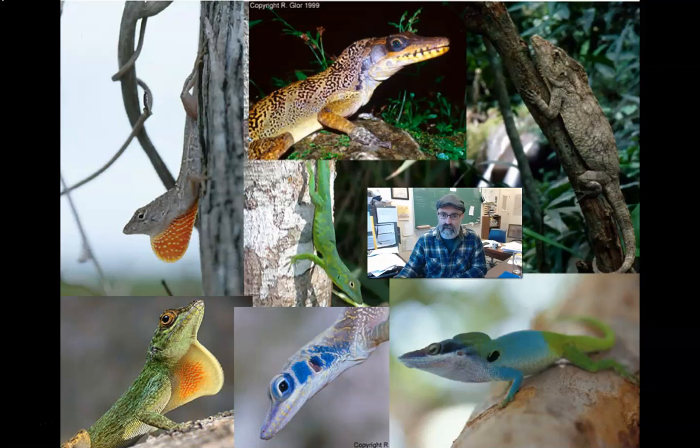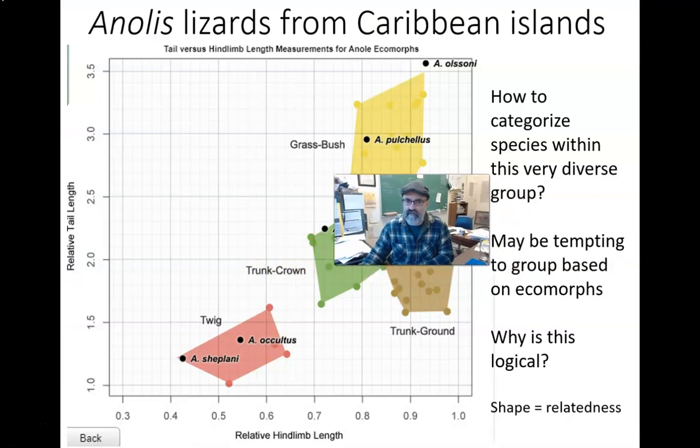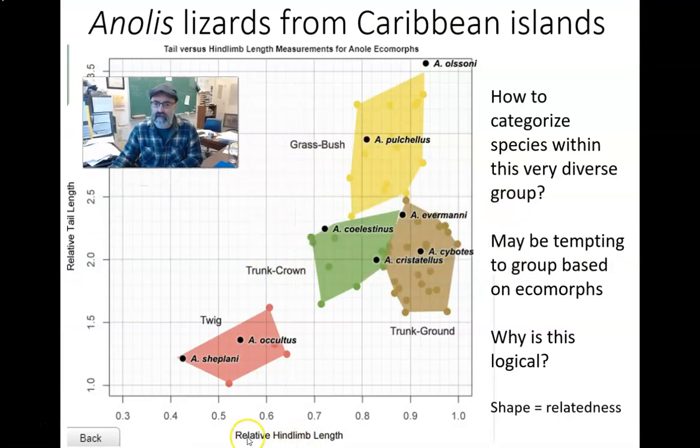In the first module, we looked at the shape of these lizards, right? We looked at the relative hind limb length, that is, how long the hind limb is compared to how big the organism is. And the same thing with relative tail length.